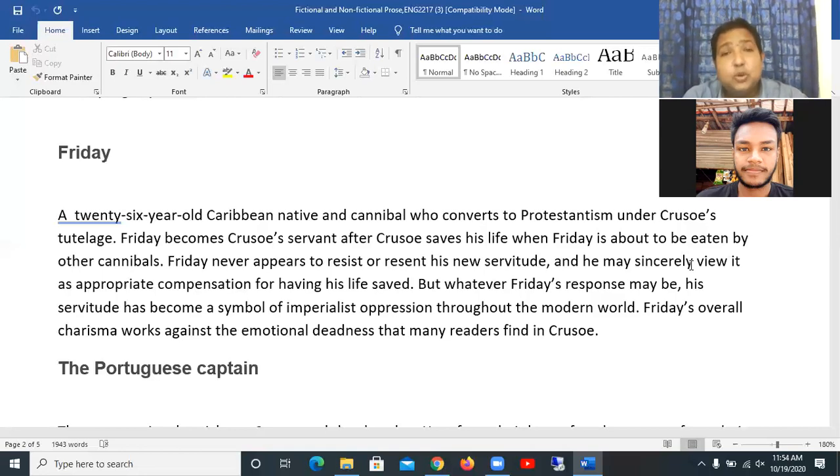So Crusoe became his master, and you know when we read about colonialism and imperialism, because of three things, they used to make colonies. Number one, to expand the territory, that we need more land.